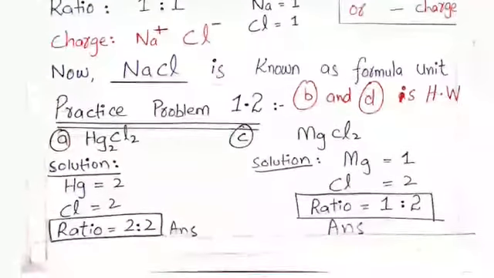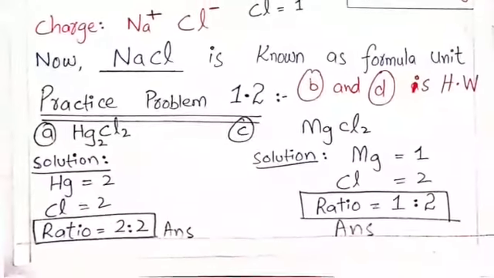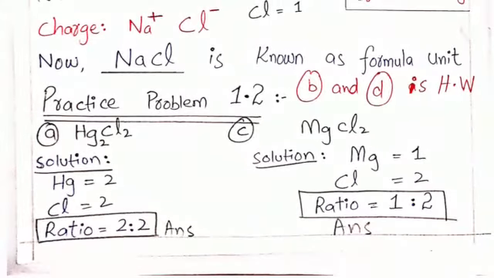Now, practice problem 1.2. These two parts are related to your current topic. A is Hg2Cl2, which means we have two atoms of Hg and Cl has always two atoms. The ratio of this compound is 2:2.